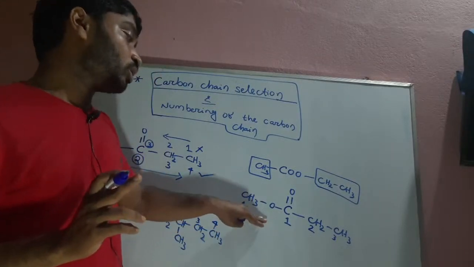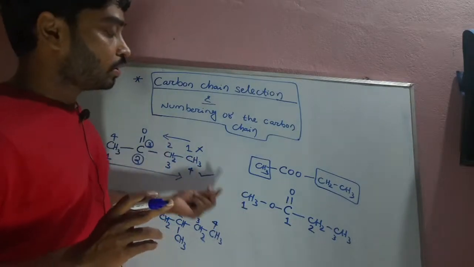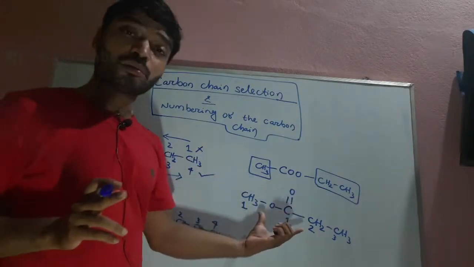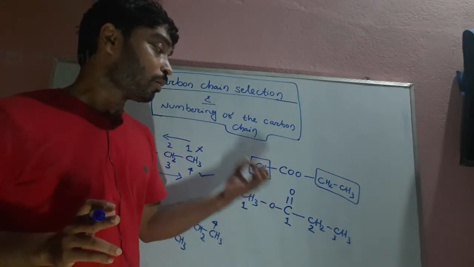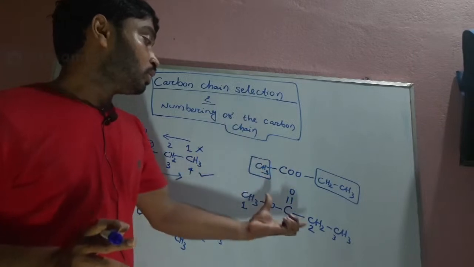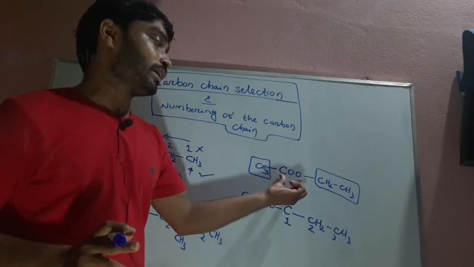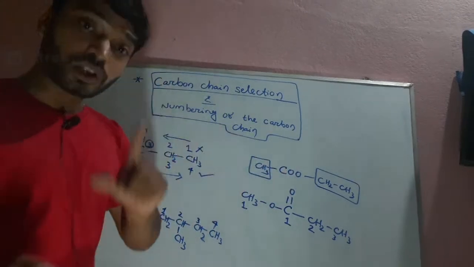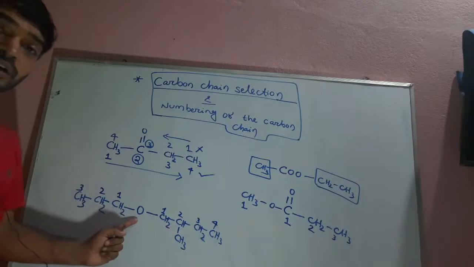If this side contains more than 2 carbons, then the numbering can proceed in this direction. So 2 types of numbering can be used in case of a divalent functional group with a discontinuous carbon chain. Either it may carry a carbon atom, or it may not carry a carbon atom.